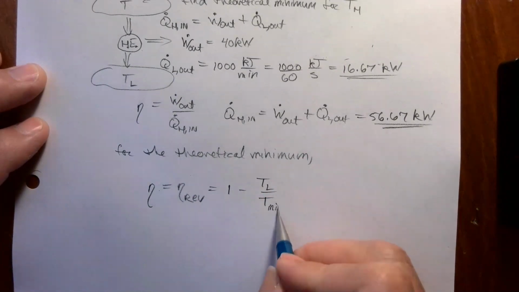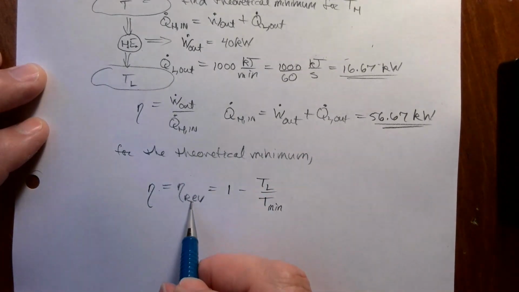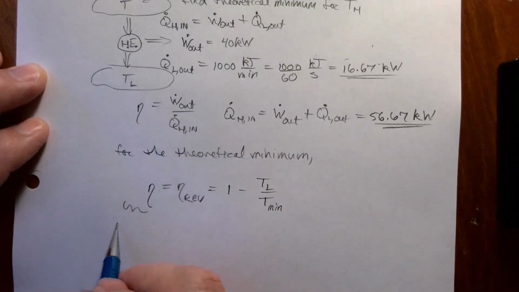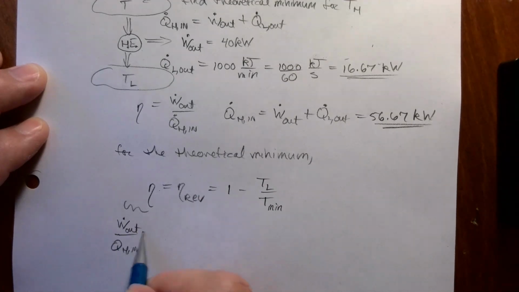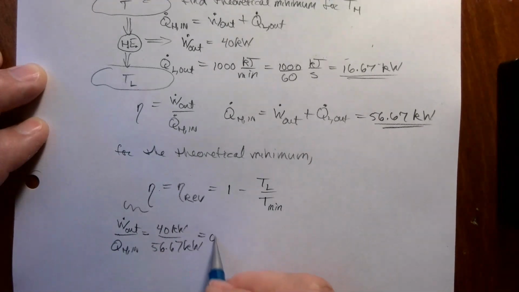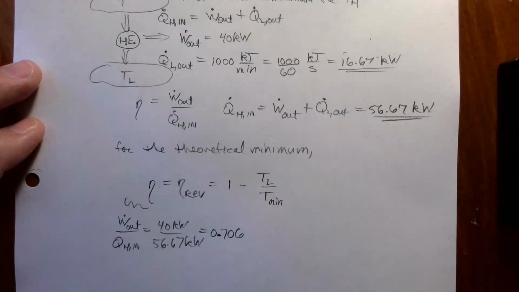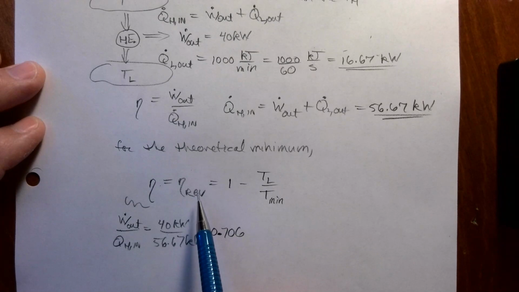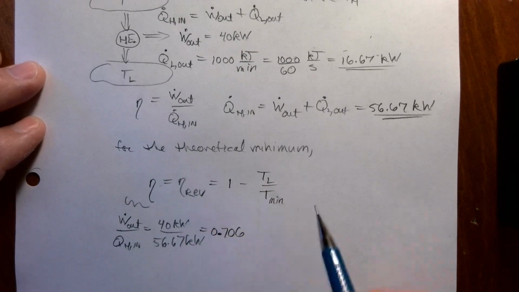So T minimal occurs when we set eta to the reversible case. This efficiency is W dot out over Q dot HN, which comes out to be the 40 kilowatts divided by the 56.67 kilowatts. This is 0.706, so 70.6%. We're going to set that equal to our reversible efficiency.